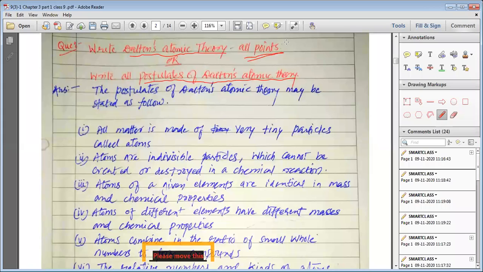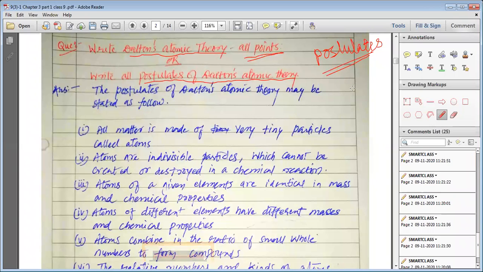Now, my dear students, here it is very important to understand the word postulates. What are these postulates?